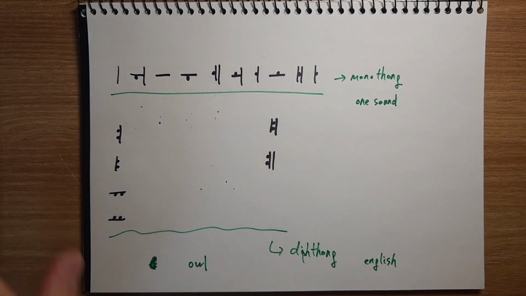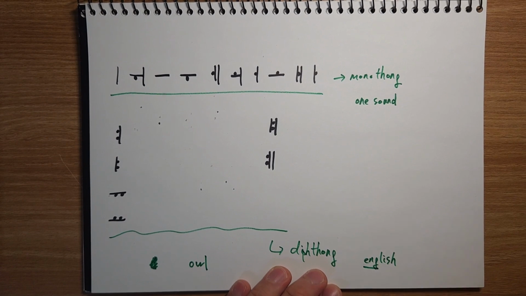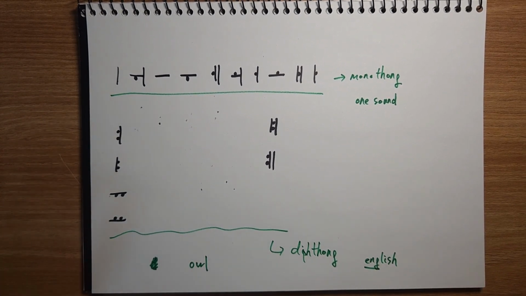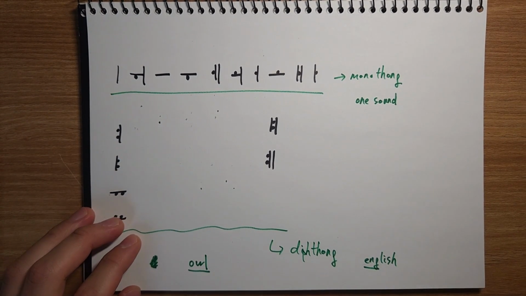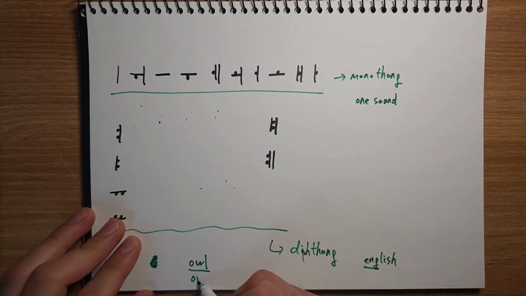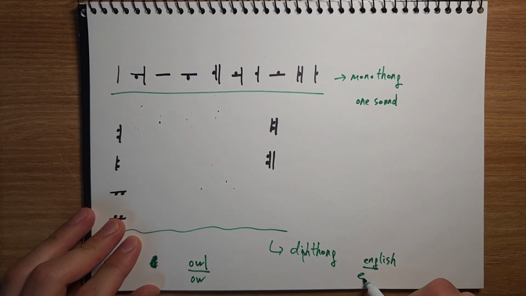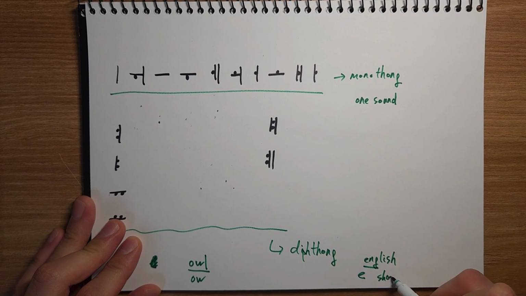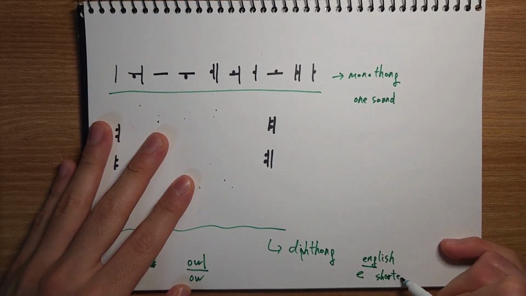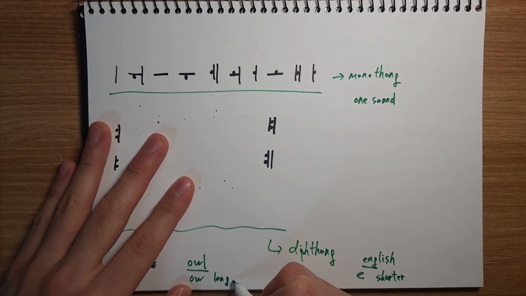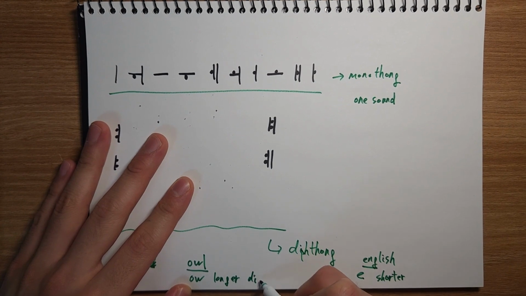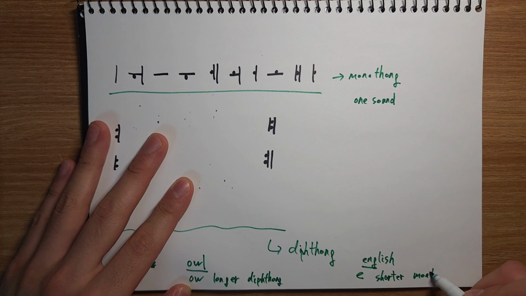In the word English, the ing sound is much shorter than the owl sound. The ow sound is much longer, and this e sound is much shorter. This is diphthong and this is monotone.